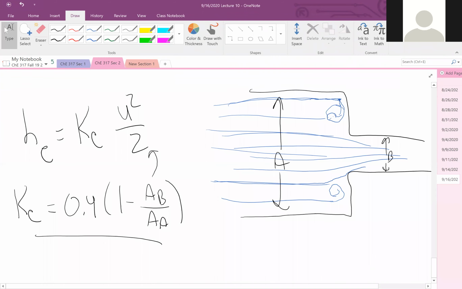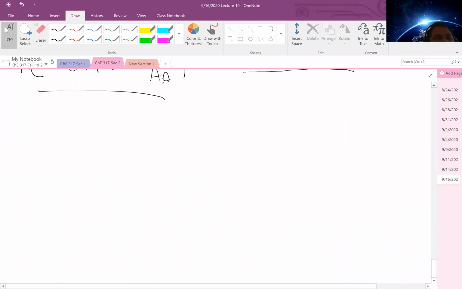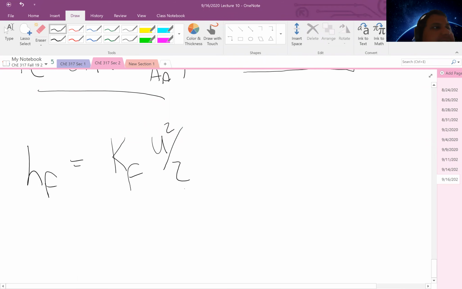Thank you. Of course. So we have expansion and contraction. So the question then becomes, what about fittings? Well, fittings has a similar approach where you have KF times U squared over 2, but the correction factor for fittings is a little different in that there are so many types of fittings that exist in a flow system.